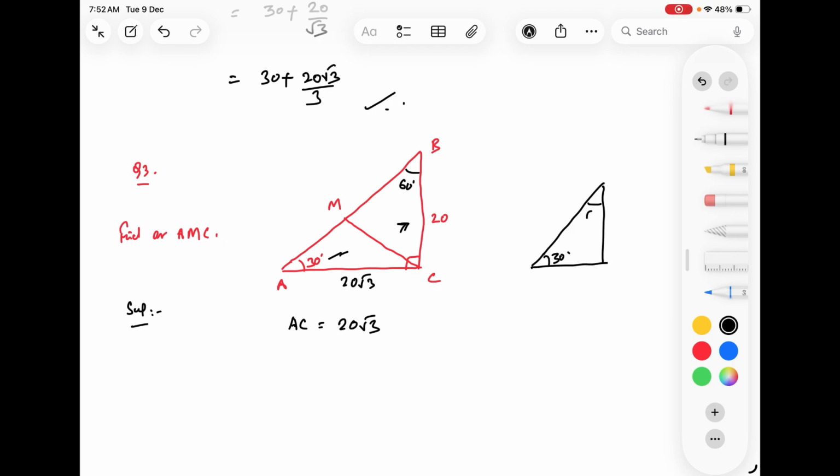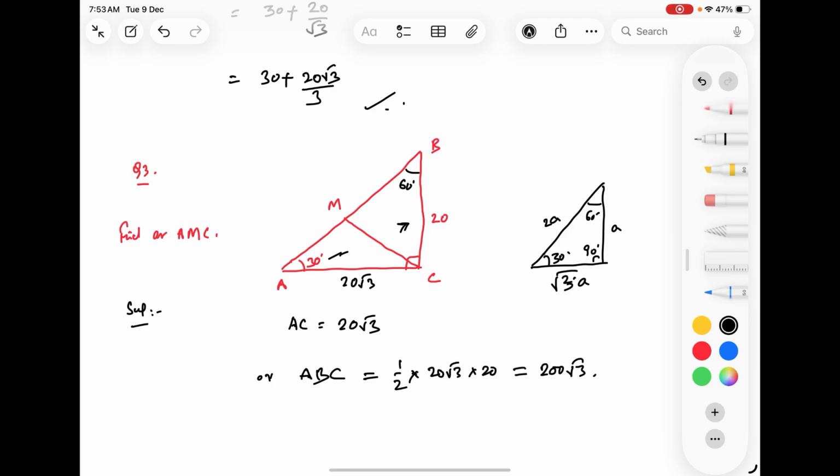This is 30, this is 60, this is 90. So this side is a, this is 2a, and this is root 3 a. Right, so this is 20, this is 20 root 3. Then area ABC becomes half into 20 root 3 into 20, right? Which is 200 root 3.